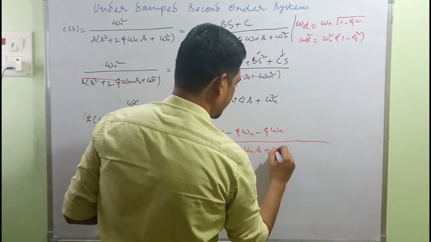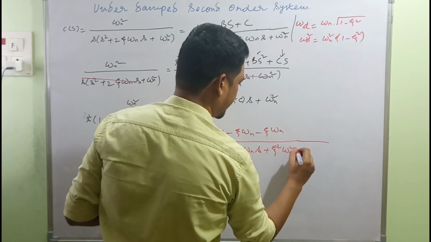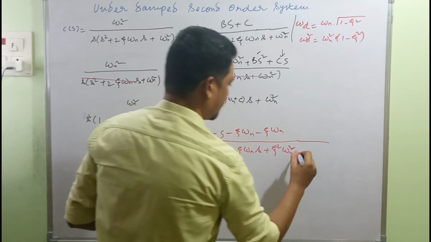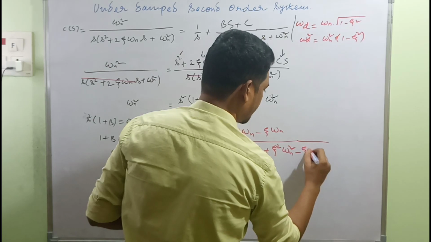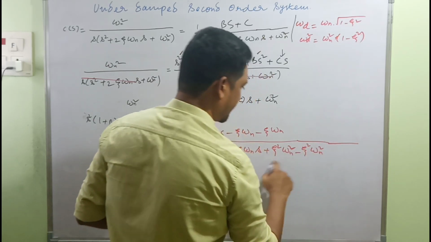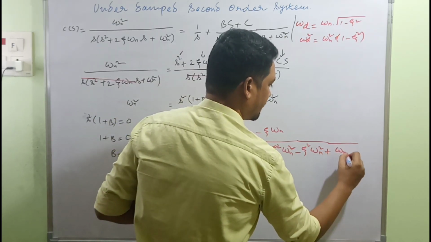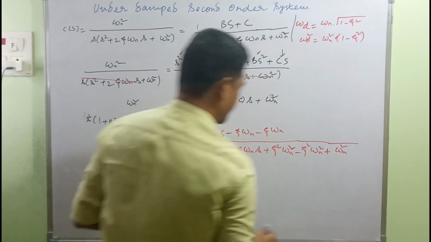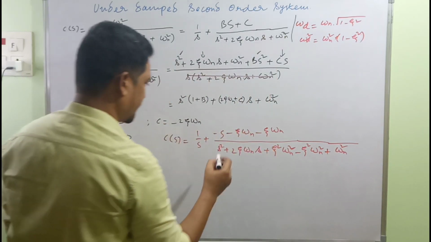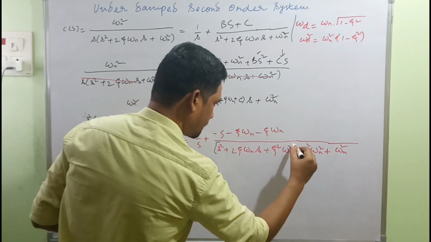It's a positive zeta square omega n square, negative zeta square omega n square. Adding and subtracting doesn't matter, plus omega n square. Can we do this? Of course. And how can we close this from this point to this point?